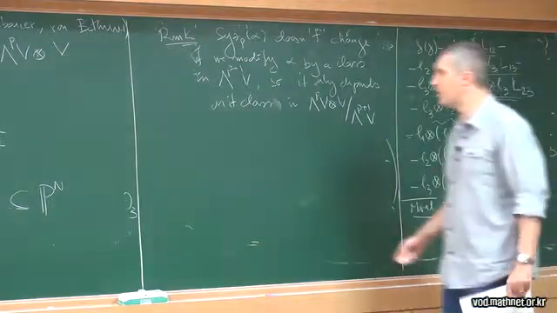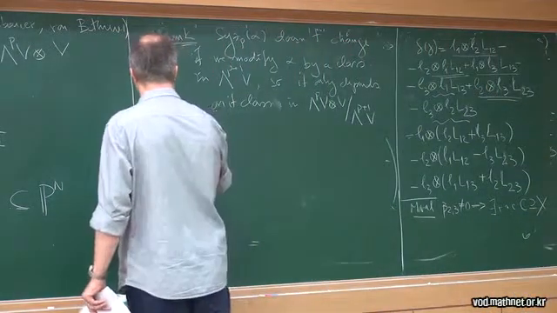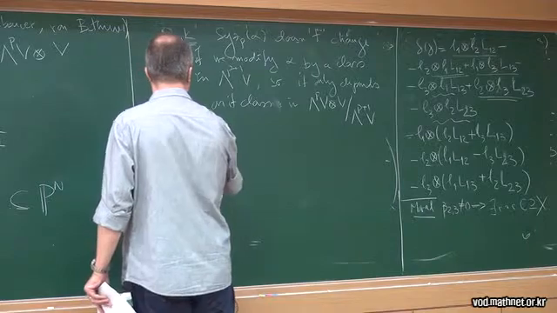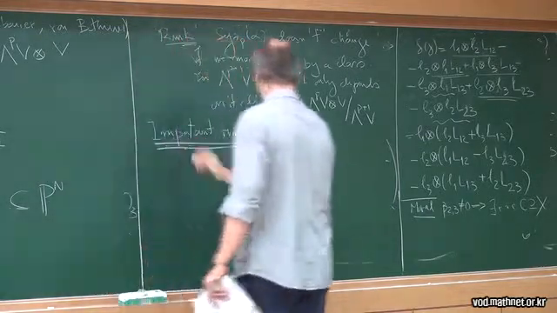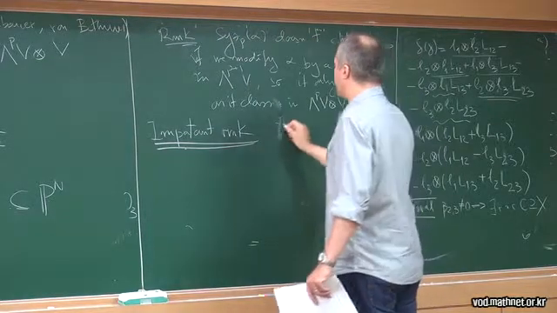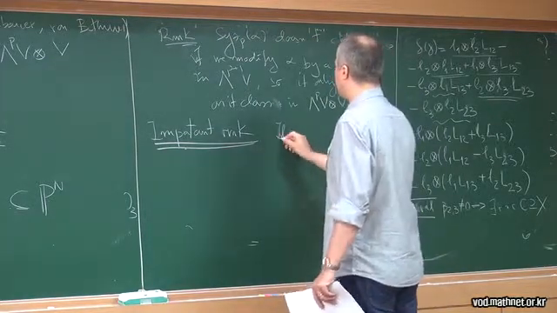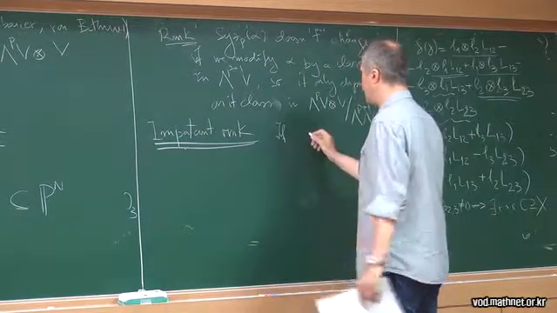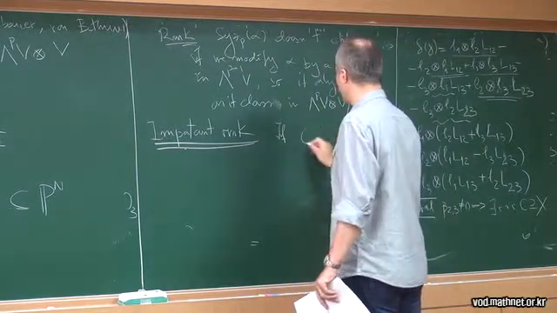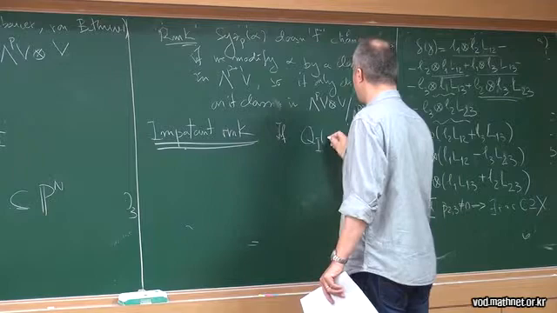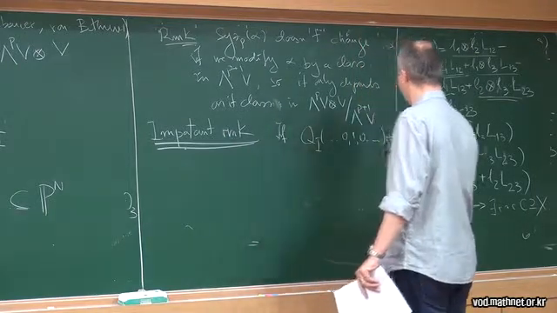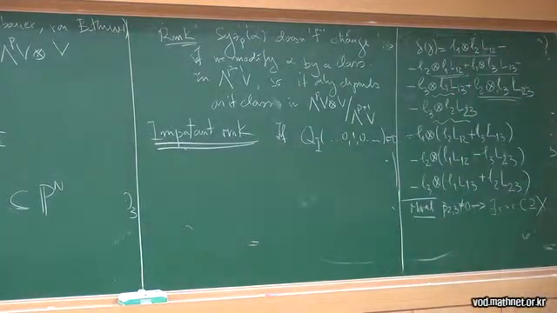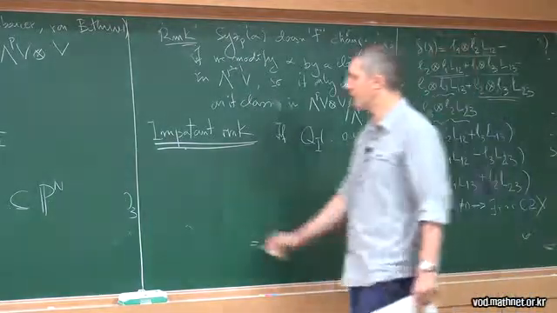And now a very important remark, which will be used very often. So if these quadrics vanish on the coordinate points, so if Qi of 0, 1, 0, and so on equals 0, then something interesting happens.